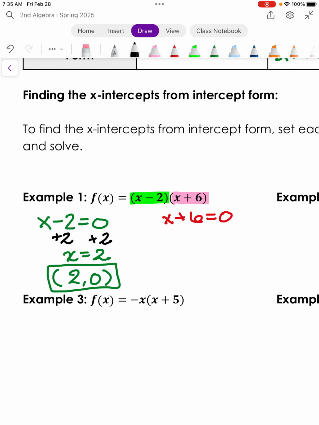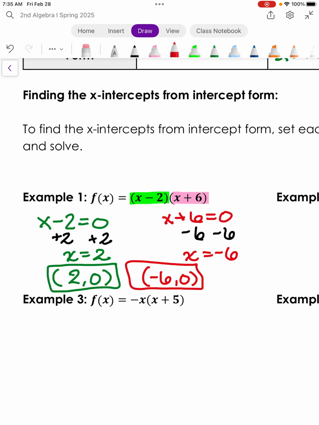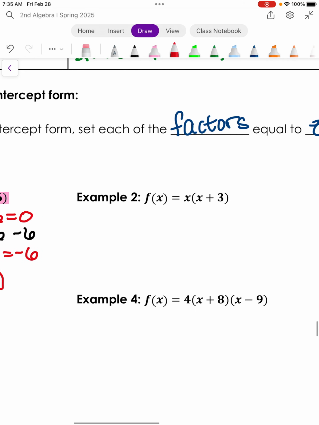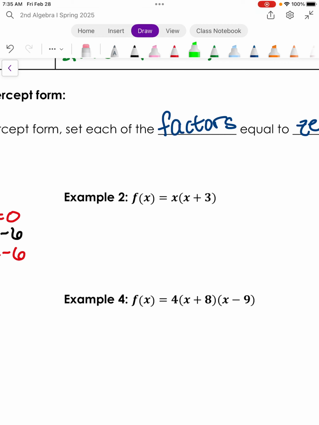For the next example, x plus 6 equals 0. I'm going to subtract 6 from both sides, and I get x equals negative 6. So that x-intercept is at negative 6 comma 0. Example 2, I still have two factors, x and x plus 3.